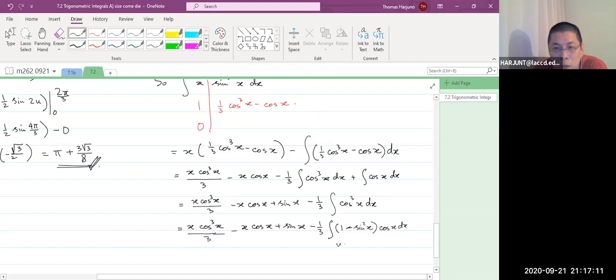So let u equal sine x, so du equals cosine x dx.